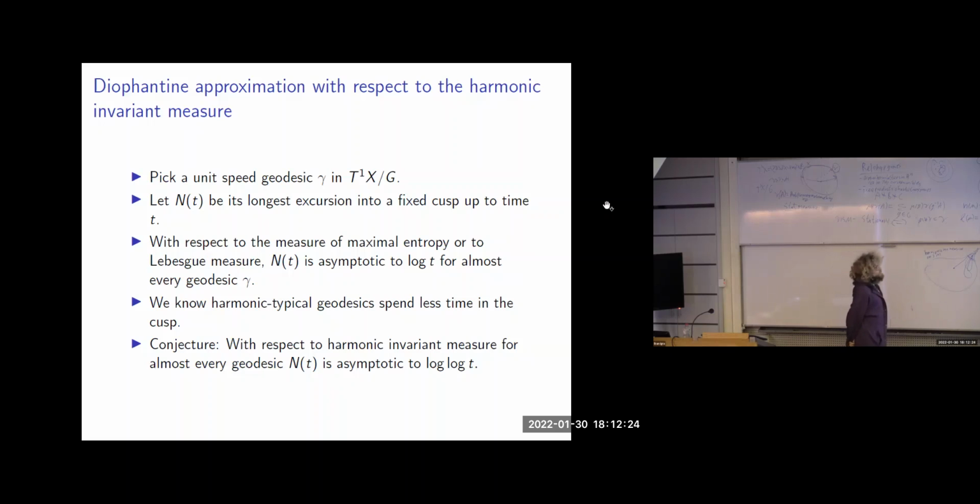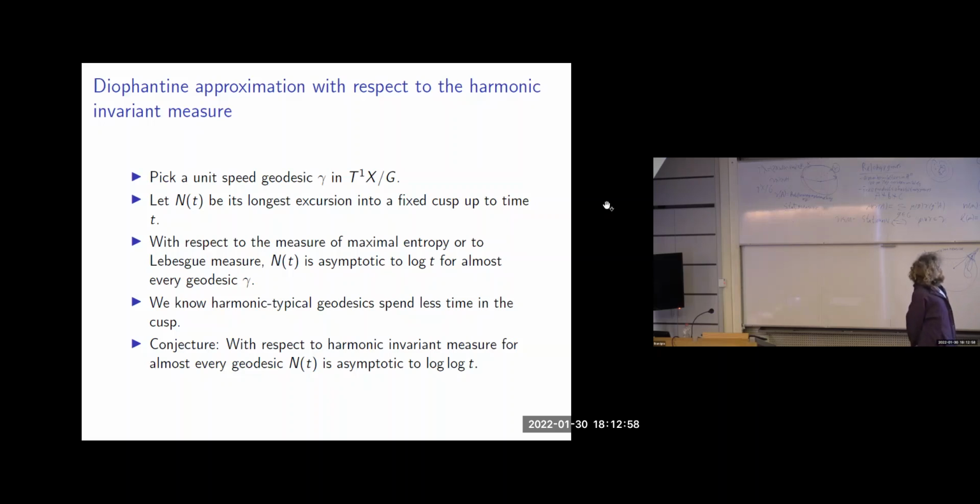So it turns out, by work of Sullivan in constant negative curvature and Pollicott and others in different settings, that n of t, this longest excursion, is asymptotic to log t for almost every geodesic gamma. Actually, some of the problems that Eric mentioned in this talk could be rephrased in this sense, because if you look at the geodesic flow on the modular surface, then excursions into the cusp are related to continued fractions.